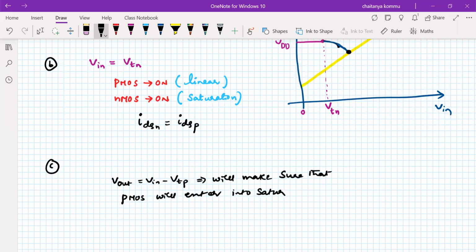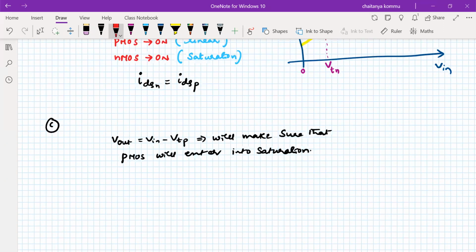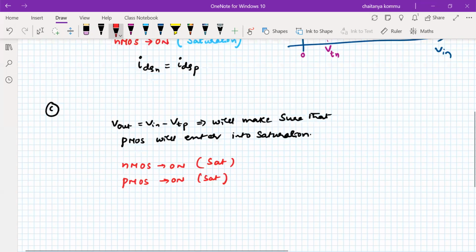That is what we derived in the last class also. So now NMOS is on, of course in saturation, and PMOS is also on, entering into the saturation region.